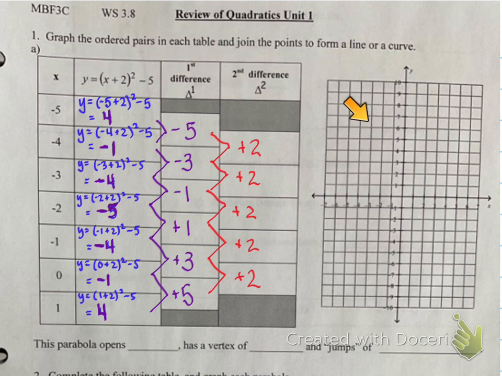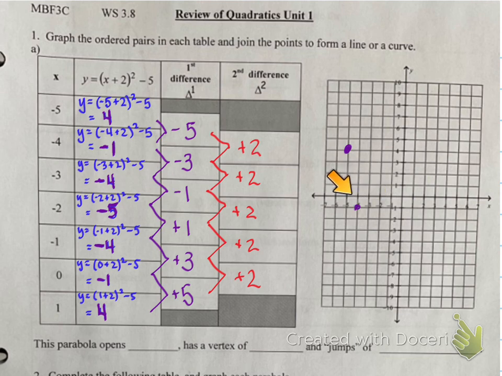The next way we're going to show is by graphing this. We are graphing these coordinates. (-5, 4) is located here. (-4, -1) is located here.